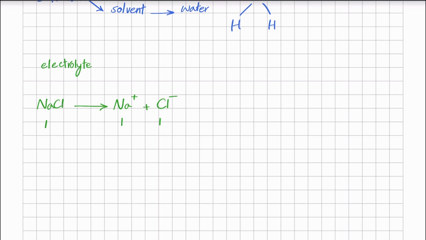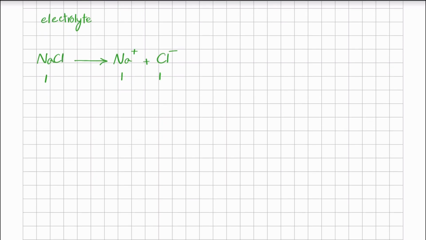Okay, let's see another example. Sulfuric acid, or H2SO4, plus H2O, or water, will give us H3O+, or hydronium ion, which makes the solution acidic, and HSO4-.